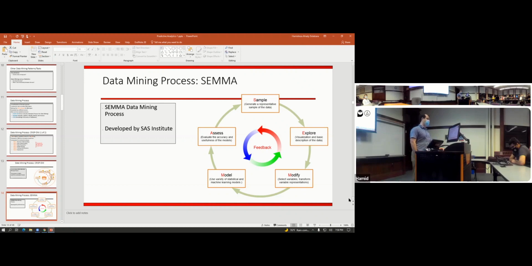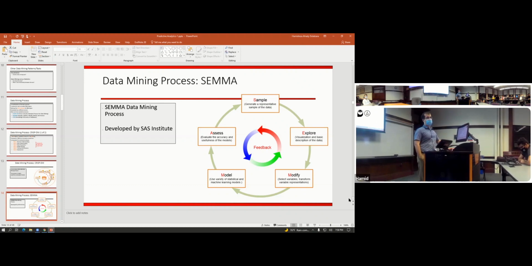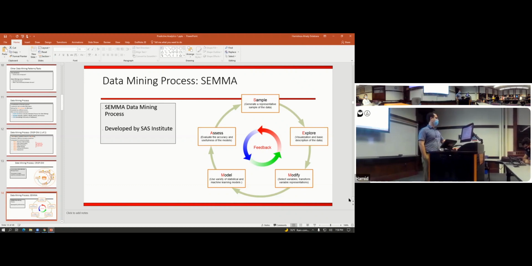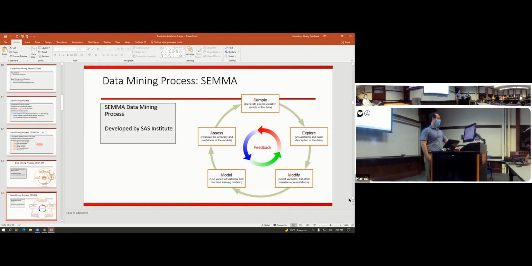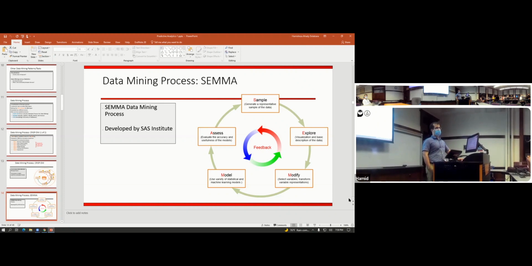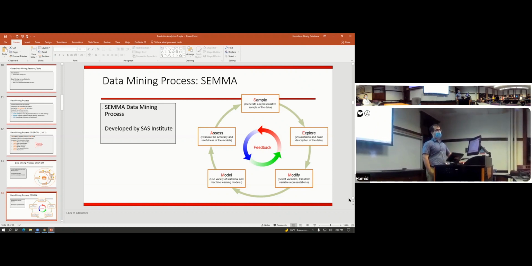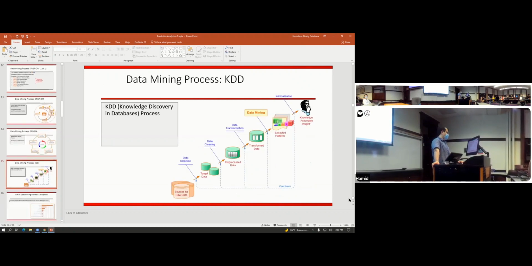Most of the data prep is in modify, so you select some variables and transform variables into a better format, then model and assess. Here we don't have deployment, but again, if you have a good model, why not? You deploy it later. Also, as you see, we have two directions of links. It just means sometimes you're not happy with some outcomes, you go backward and try to improve your model.